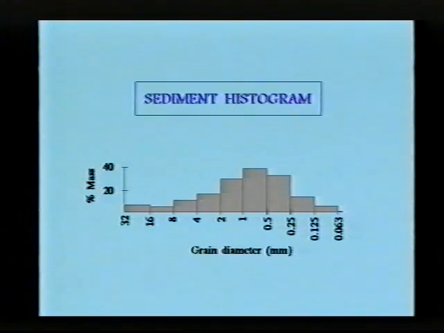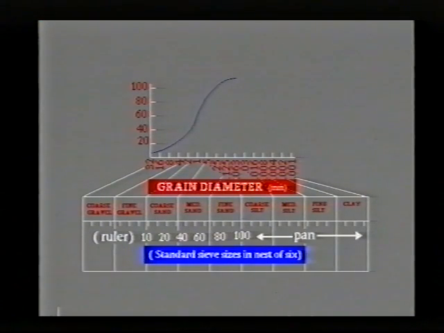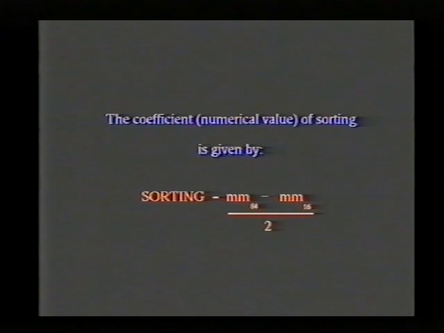You can show these results as a histogram or as a cumulative frequency curve. Using the curve, a value of sorting can be found by using the 16th and 84th percent levels and calculating the respective grain sizes in millimetres. The formula for this is shown on the screen now.